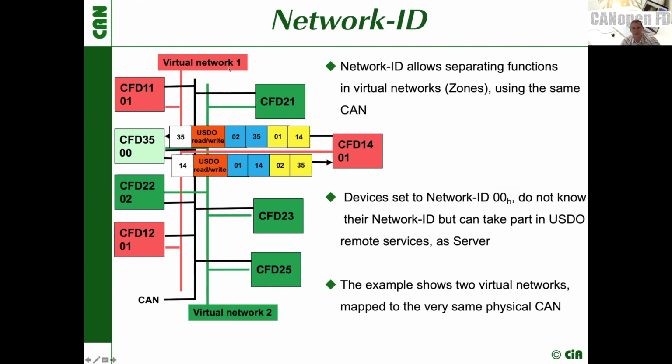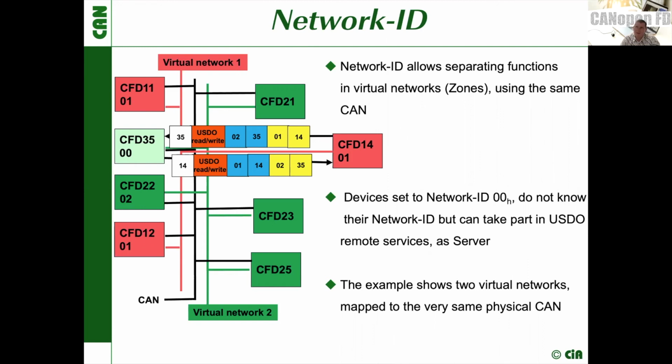So I can have a virtual network 1, a virtual network 2, and group these devices into two different networks and treat them in a different way. It's not a must that all devices attached to the very same physical network claim the very same network ID. You can, by intent, handle several network IDs on the very same wire.